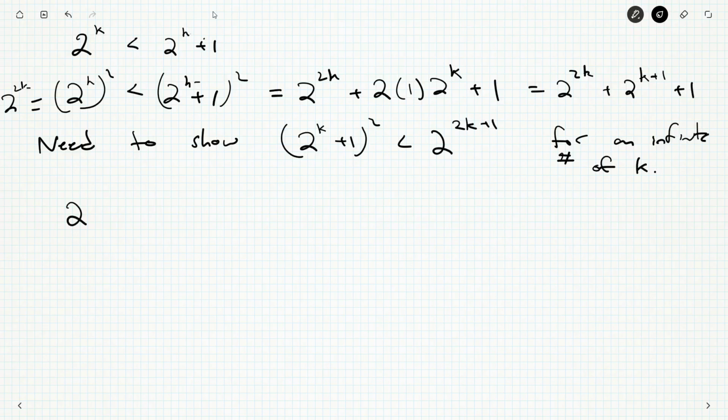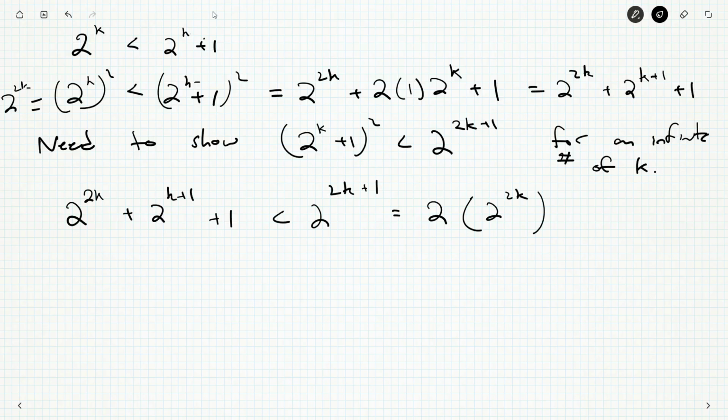So now we've got 2^(2k) plus 2^(k+1) plus 1. I want it to be less than 2^(2k+1). Alright, so this is twice 2^(2k). So I can subtract off a 2^(2k) from both sides. So I need to show 2^(k+1) plus 1 is less than 2^(2k).